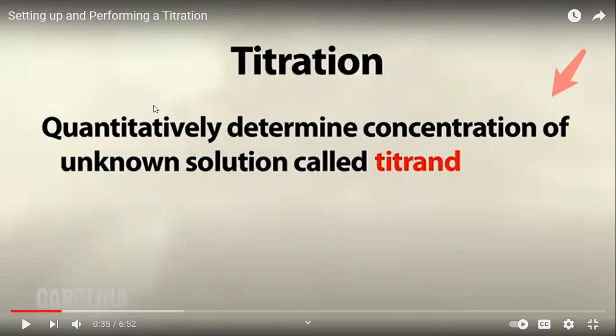Then quality is how the product looks like. It is either good quality or poor quality. So quantitatively, this is just the amount, to determine the amount or the concentration of the unknown solution. You are using one you know to determine the other one that you don't know. So this is the whole process here.